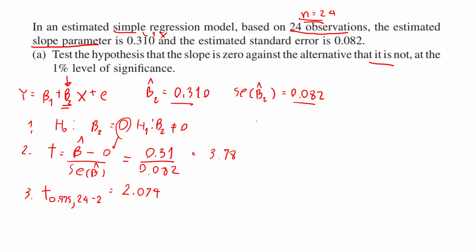So 2.074. The last step, if you are confused, let's draw a normal distribution. It's two tails, so you have rejection regions both on the left and on the right. Here will be H naught, this will be H1.